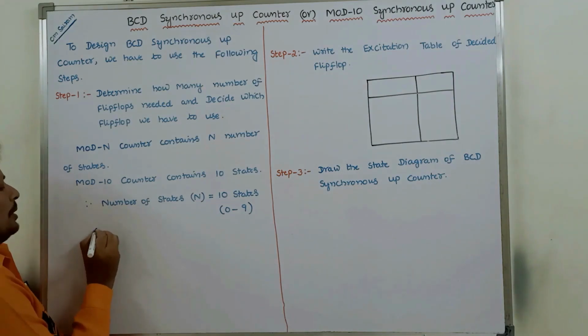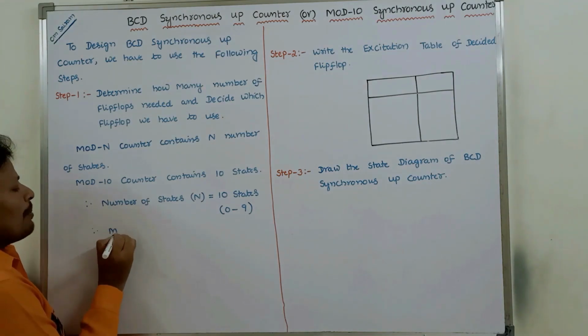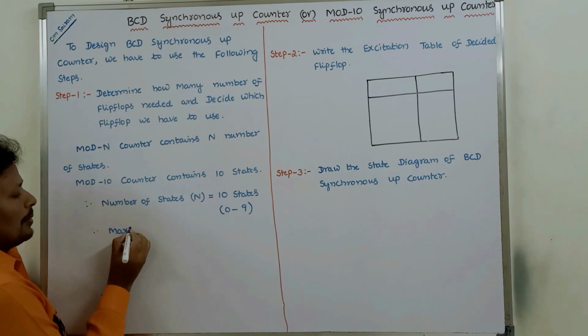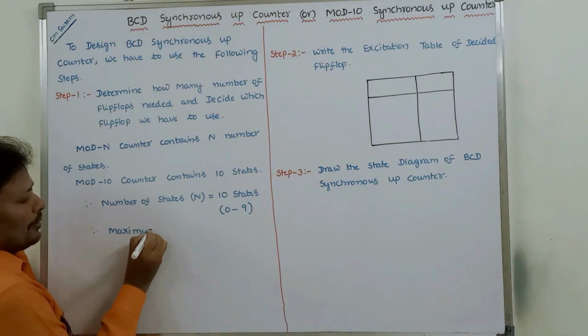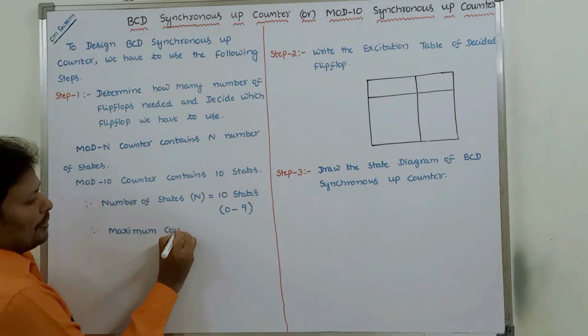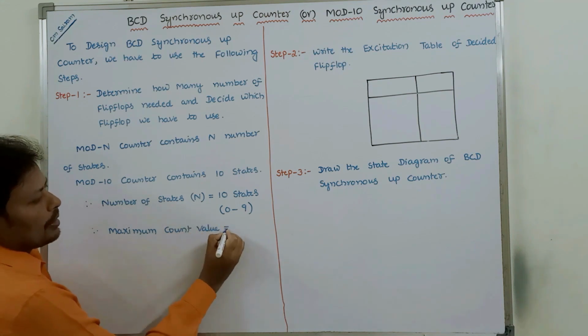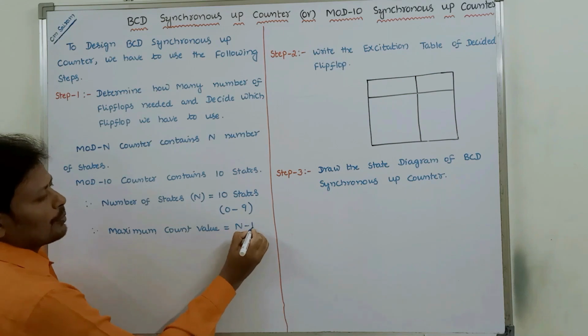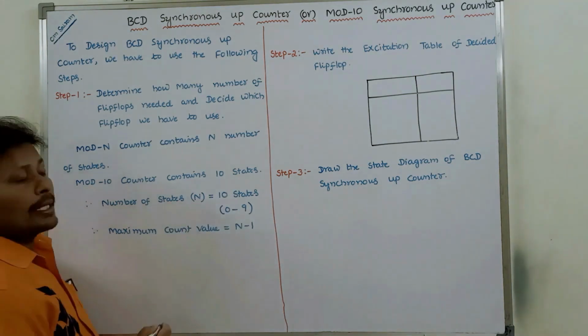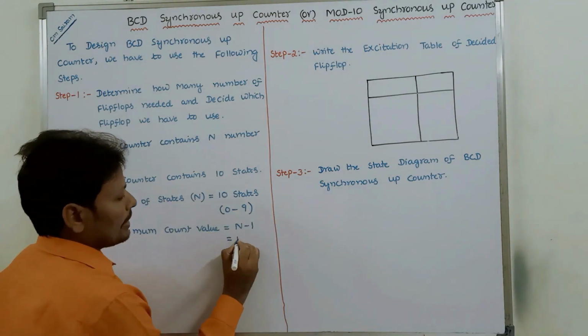Now, maximum count value. Maximum count value is equal to N minus 1, where N is the number of states, that is 10.